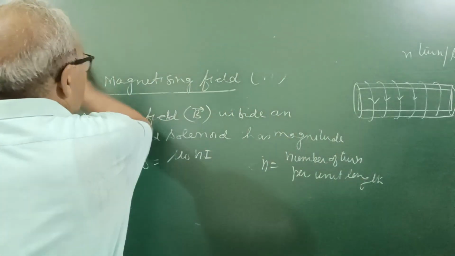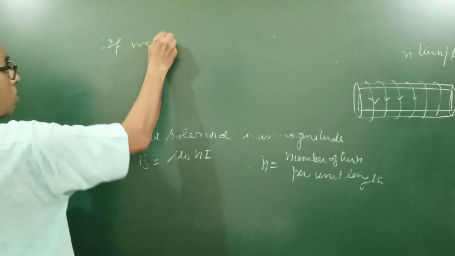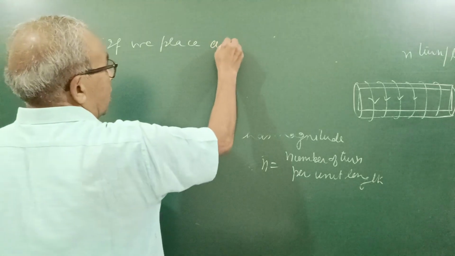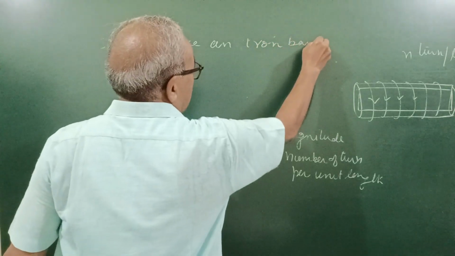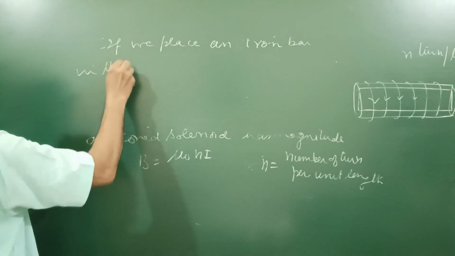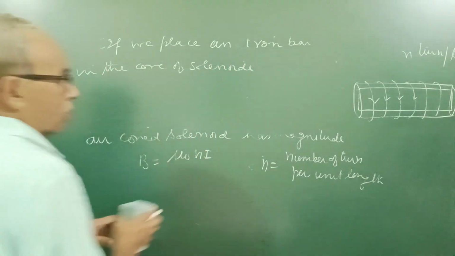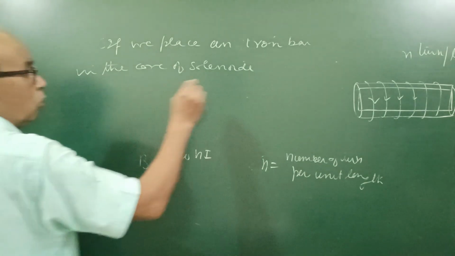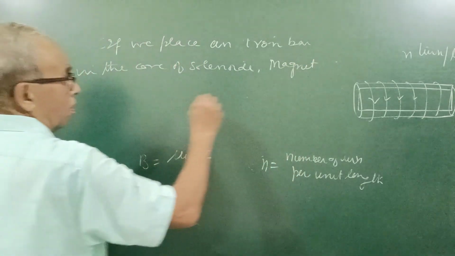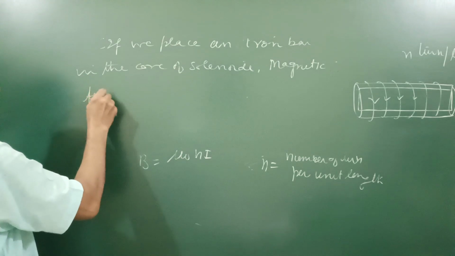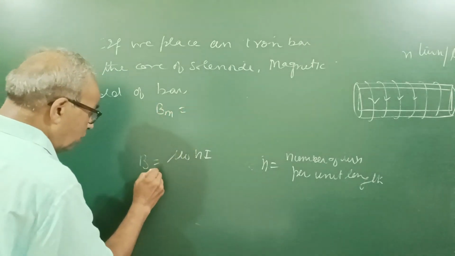Now if we place a magnetic material like iron bar in the core of solenoid, so we get the magnetic field of bar, BM, which I write B0 here, sorry.